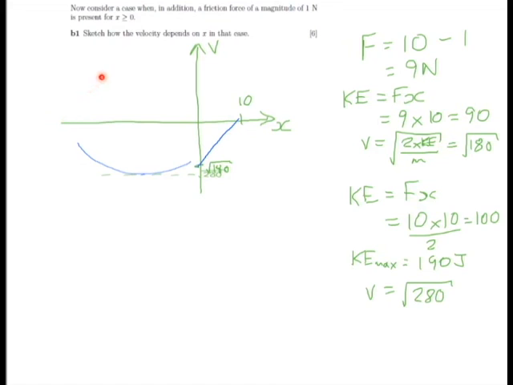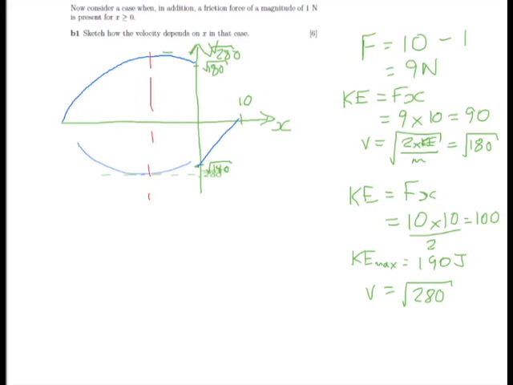So we'd imagine we get a curve that is symmetrical with the original one, so we can sketch that now like this, with it peaking at the same point here, and we know the value of that peak is going to be root 280, and we know that the point at which it hits the x-axis is going to be root of 180.